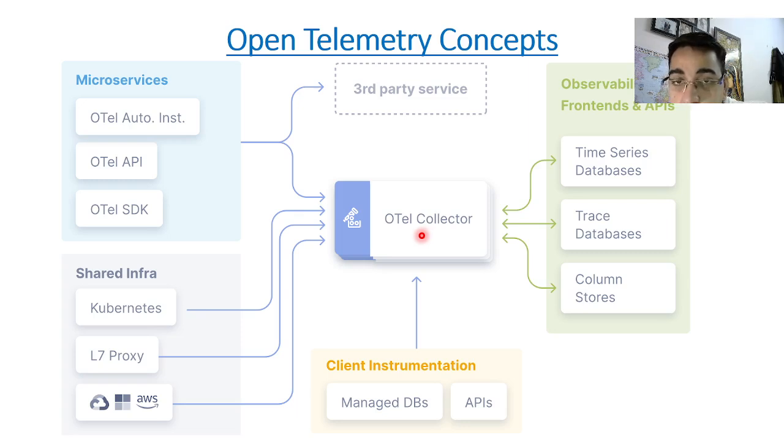Suppose you are using AppDynamics, so it will be the AppDynamics agent. Now we will not use AppDynamics, we'll use the Otel collector agent, and the right side would be your tool-related database. The Otel collector will gather the data from your applications as well as from infrastructure, do some kind of filtration and processing, and then send that data either to a time series database, a traces database, column stores, or anything S3-related.